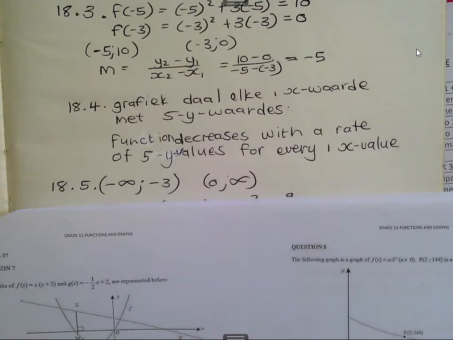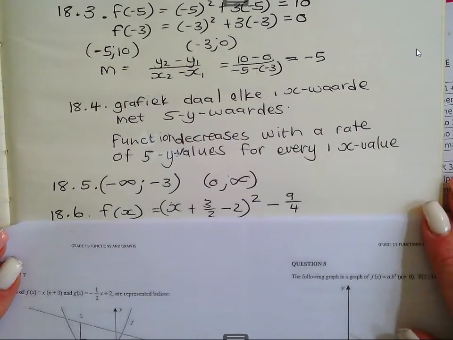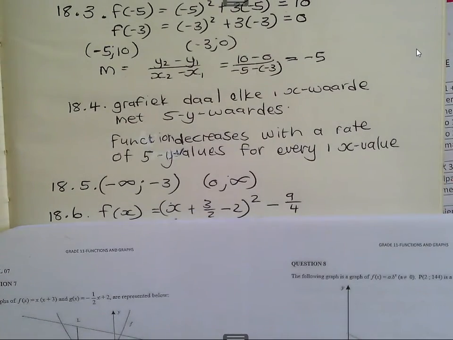Okay, give the coordinates of the turning point of f of x minus 2. So what I did is I wrote my function in PQ format. Do you remember I told you guys that when you do the transformation with a quadratic function, it must be in PQ form, right?